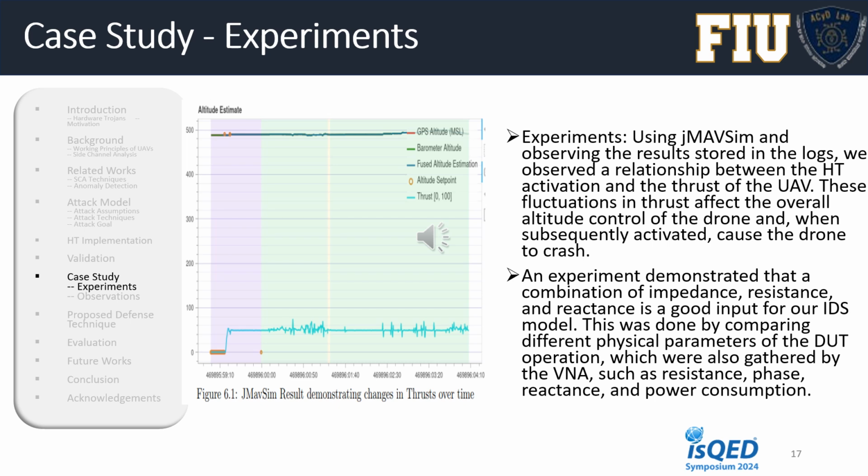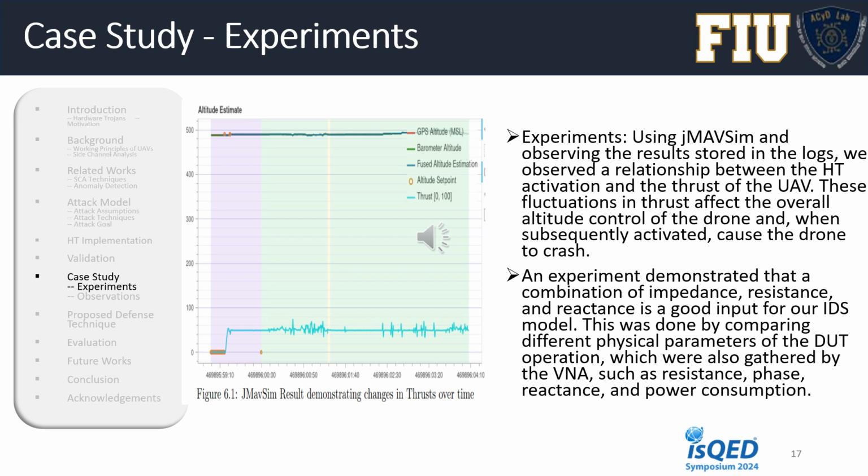We performed some experiments using JMapSim. It's a simulation tool that is able to gather information from the flight controller and the UAV while it's in operation. It provides hardware-in-the-loop and software-in-the-loop simulation options.